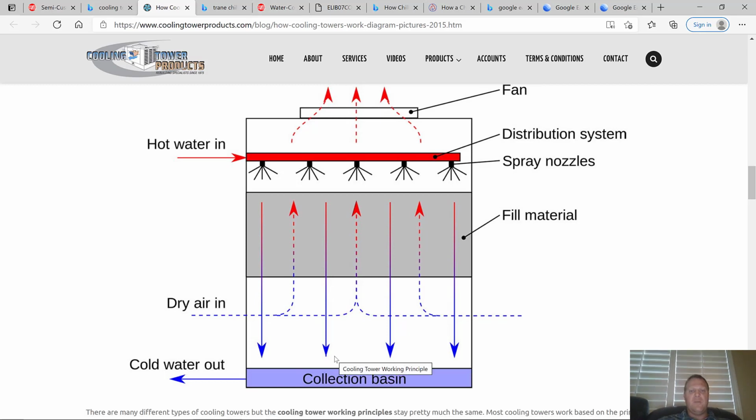Okay, I hope that made sense. I'm hoping you're seeing hot water coming in, water being dispersed in a way to increase the surface area of the water, air going past it, air picking up, air having less, what's that word?